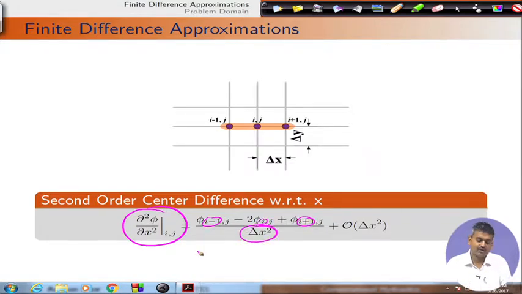This is similar to our single variable case, and again this has del x square accuracy. An interesting point is that for second order derivatives we need 3 points.